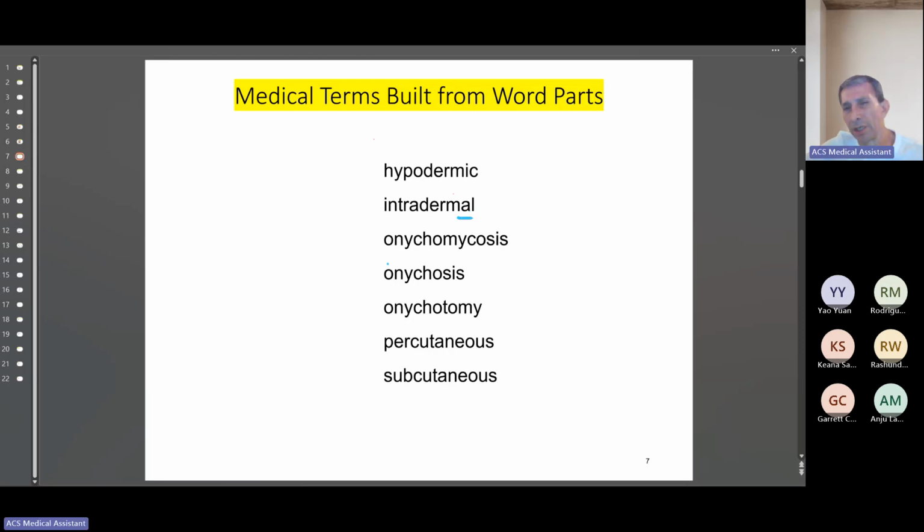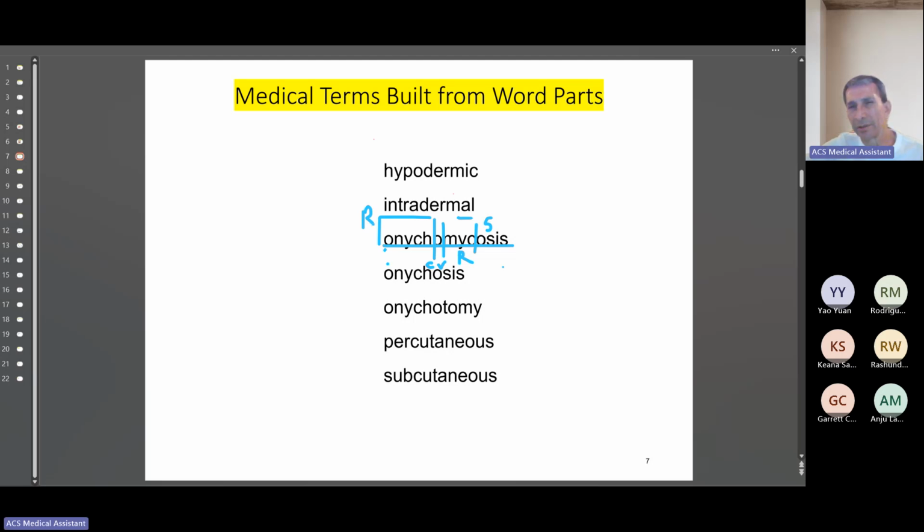Okay, so onychomycosis, we already tried this one. Osis is the suffix. Myc is a word root. O is a combining vowel. Onych is the word root. So we have two word roots, one combining vowel.